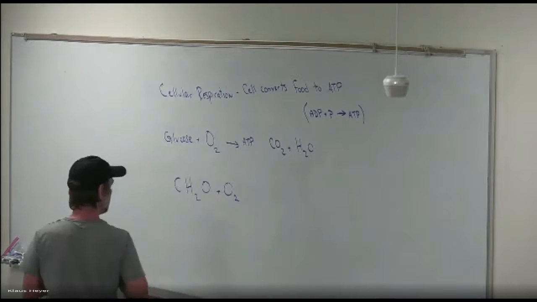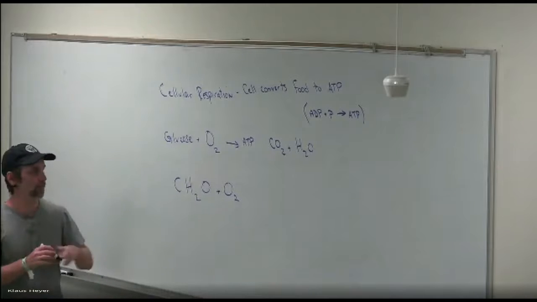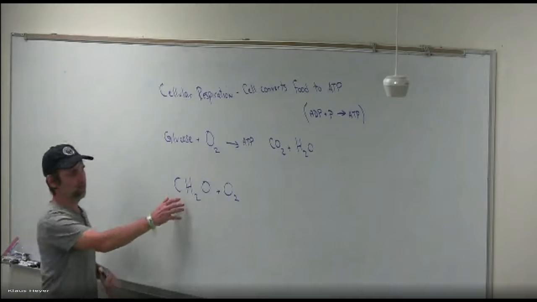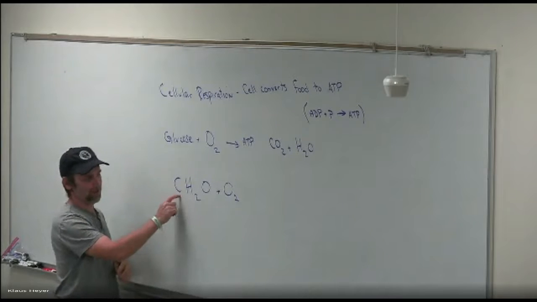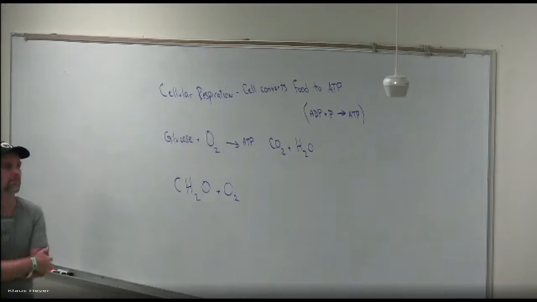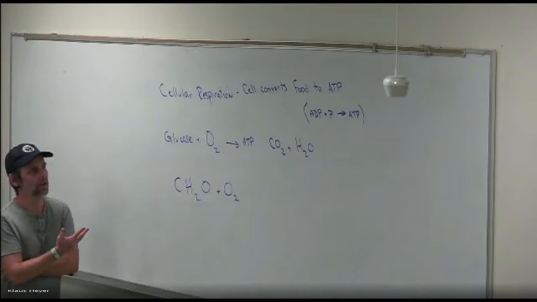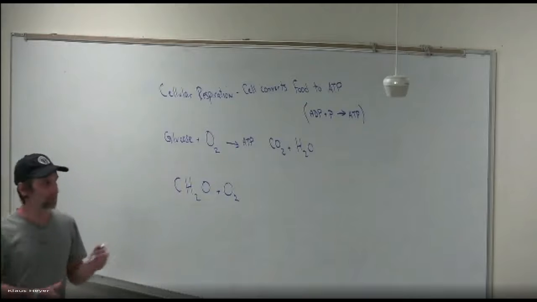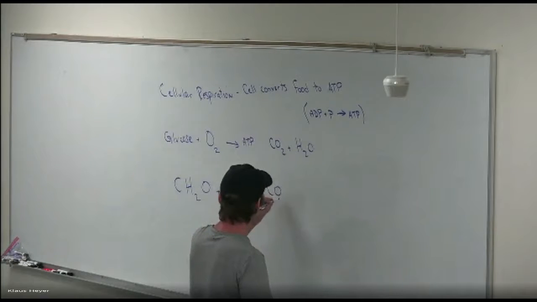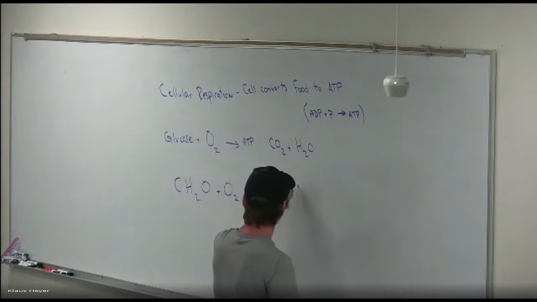So there you go, we need going into the process glucose, which I simplified in here. I just put C1H2O1, and then O2, and then what comes out of it is CO2 plus H2O.